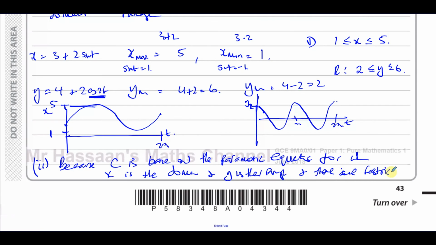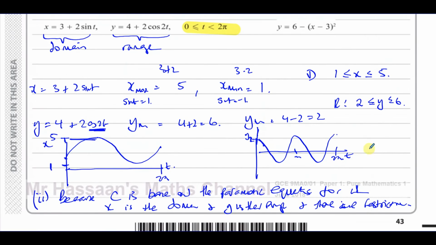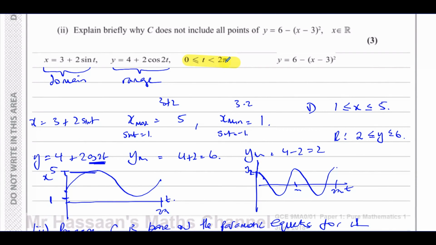There are restrictions in the domain and range given by this limit of 0 to 2 pi for t.